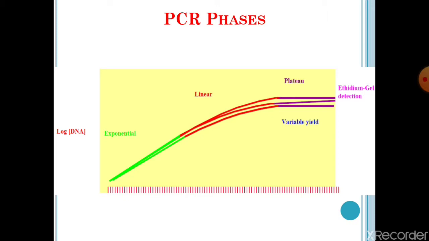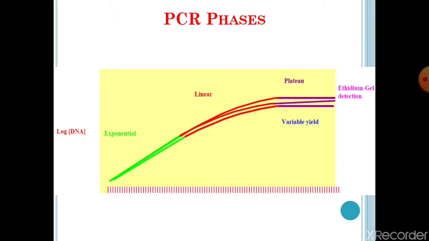Now come to the third part, that is the plateau. You can see the purple lines, which are the plateau or endpoint. Eventually the reactions begin to slow down and stop altogether to reach a plateau. In this case the yield will be variable.